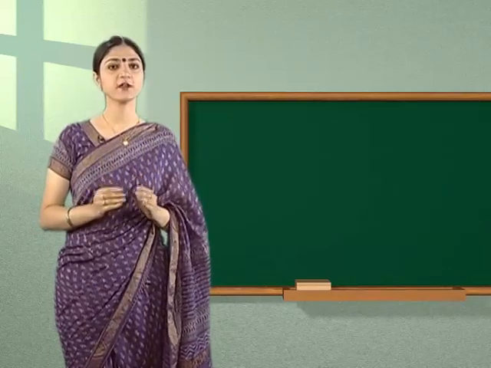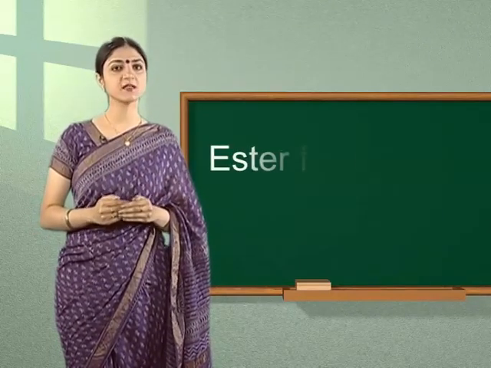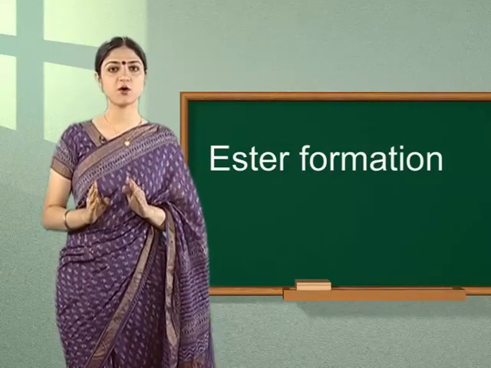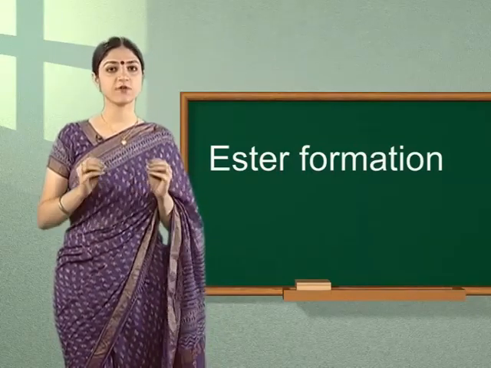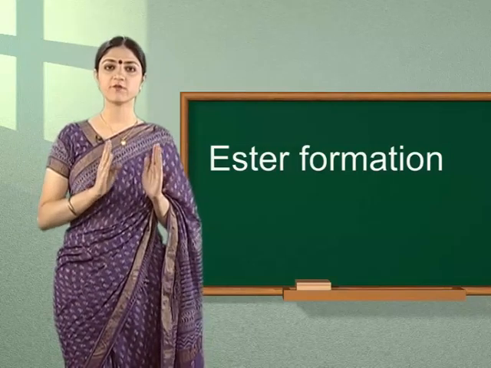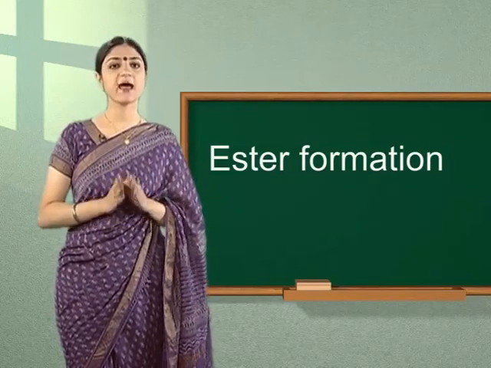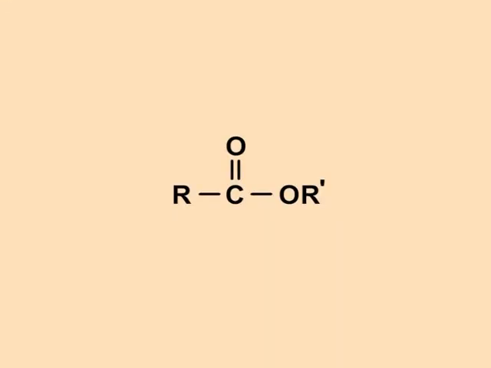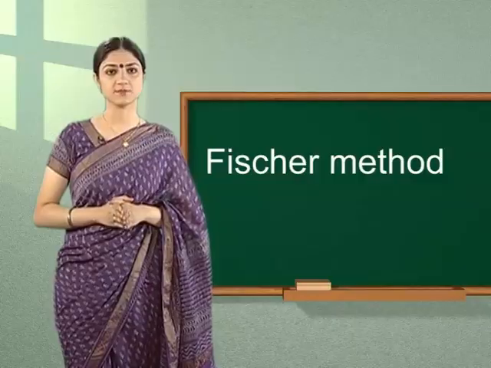The first one we will take is the ester formation. Esters are formed by the reaction of carboxylic acids with alcohols in the presence of an acid catalyst, and they have a general structure formula as shown on the screen. The simplest method of preparation of esters is the Fischer method.